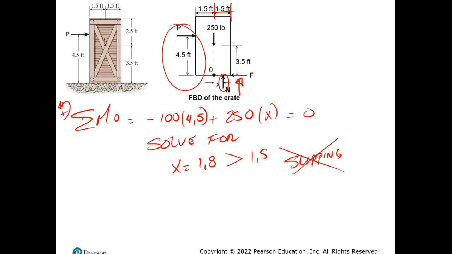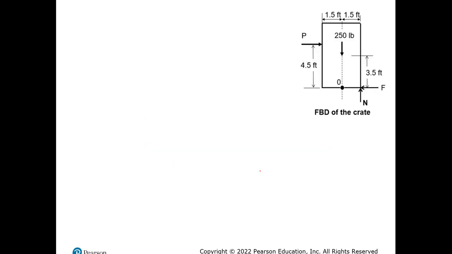So like I said, we assumed that the box would slip, but then we got our values, and when we checked, it was not the right one, it was outside. So all of the calculations that we did before are now done, and we need to move to the next assumption. That would be for tipping.